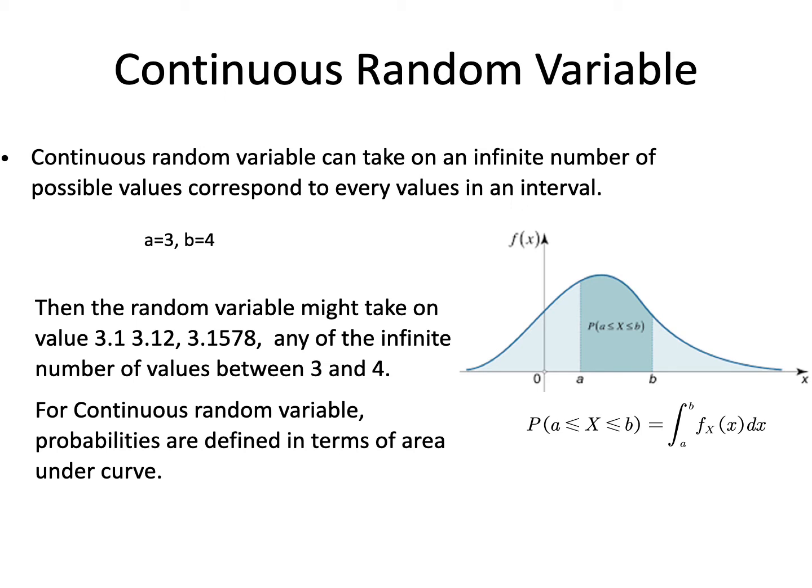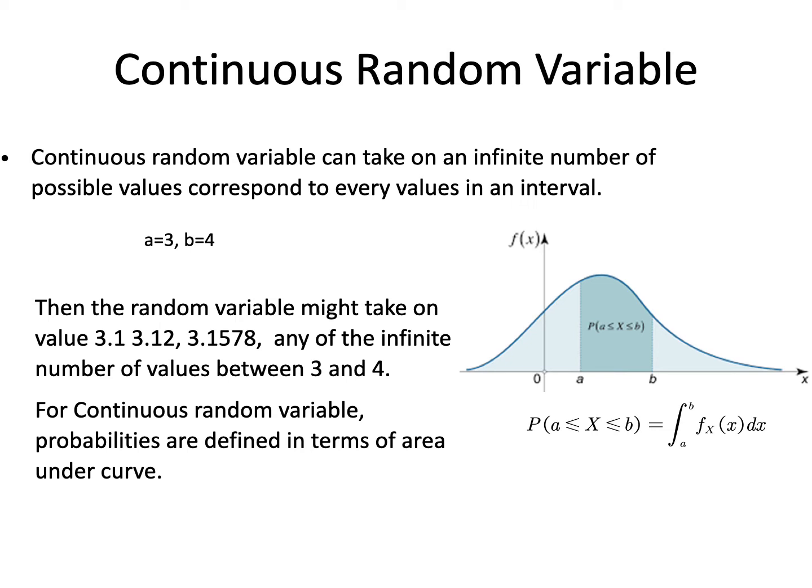So we can see here some range like a and b, and the probability is estimated in terms of the area under the curve. So a continuous random variable is not defined at specific values like x equal to 3 or x equal to 4. Instead, it depends on the interval of values, like the interval from a to b, and it is represented by the area under the curve, which in advanced mathematics is known as the integral.